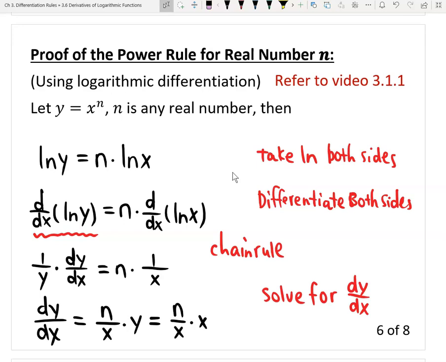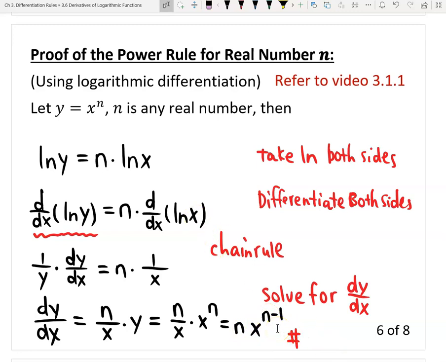Y is x raised to the nth power. So now you know we can cancel, we can simplify, get what? N times x raised to the n minus 1 power. And can you see, this is the final. Is this the formula we learned before about the power rule? Definitely. Can you see? The power function, take a derivative, goes to what? Take down the power, and then the new power is the old minus 1.